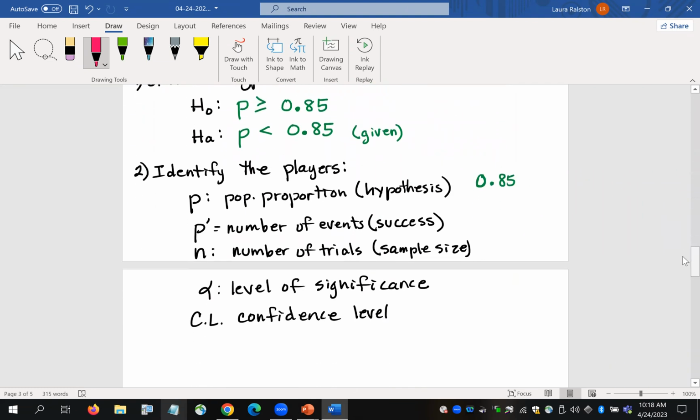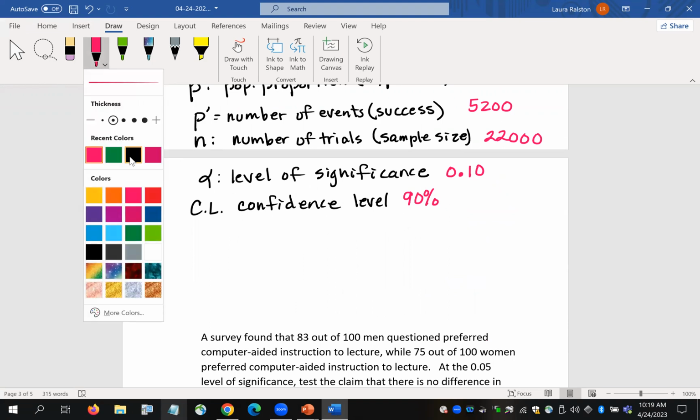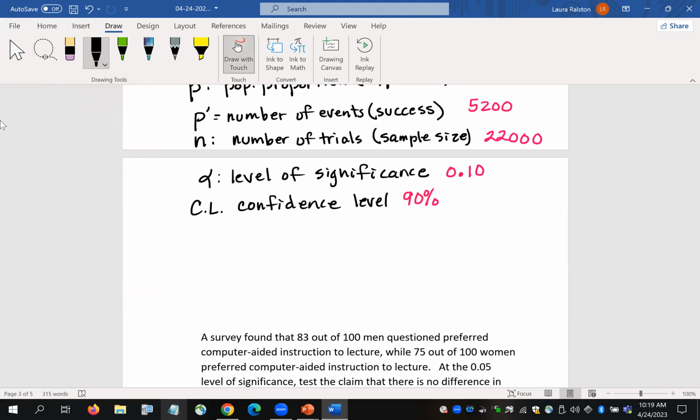It said to use a 0.10 level of significance. 0.10 is 10%, so my confidence level is 90%. I'm pulling all of that information from the problem.